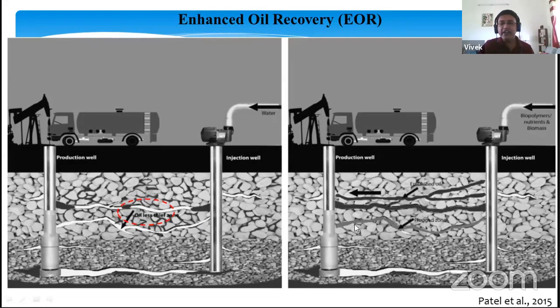Once you inject microorganisms, they plug this zone, and then the oil trapped inside these oil-bearing zones gets emulsified with the biosurfactant and water phase. Upon subsequent injection of more and more water or the flooding agent, you can recover the remaining amount of oil.